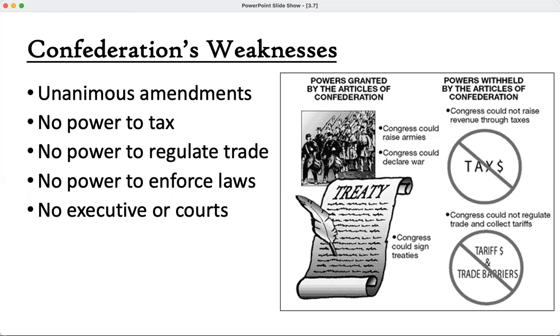And every state is negotiating its own trade agreement with Europe. France doesn't want to have 13 different treaties with 13 different states and have to deal with 13 different conversion rates. They want to sign one trade agreement with the US government, full stop. Right?